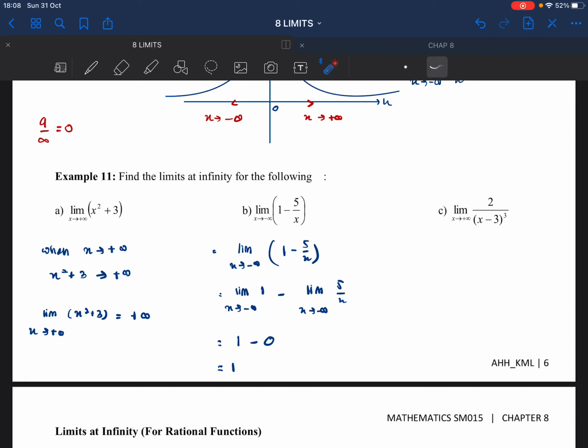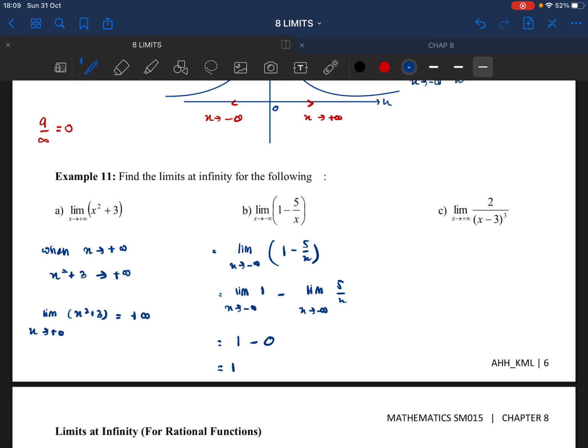The same thing works here. We have limit 2 over (x minus 3) cubed as x approaches positive infinity. First, if you substitute the value of infinity here, infinity minus 3, where 3 is a very small value compared to infinity, the answer is still positive infinity. We cube it, and it is still positive infinity.